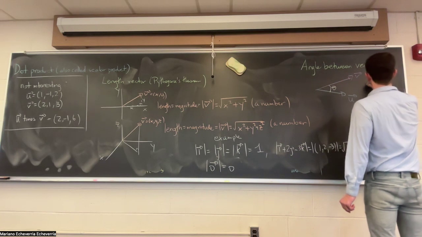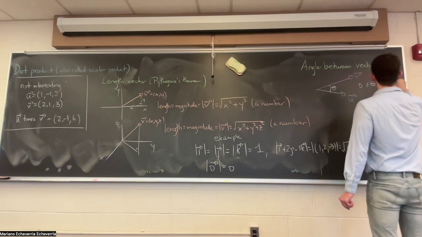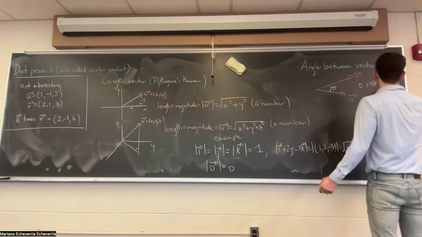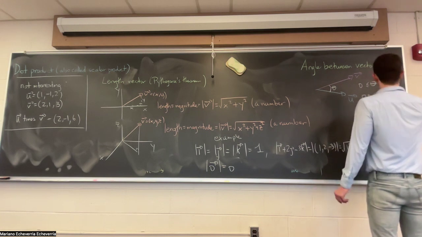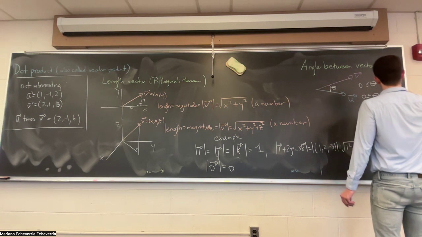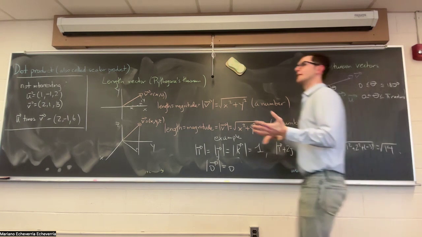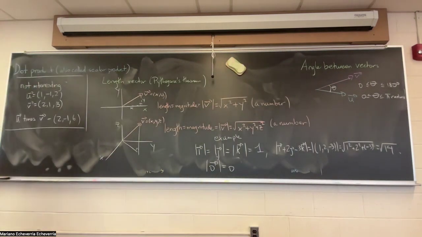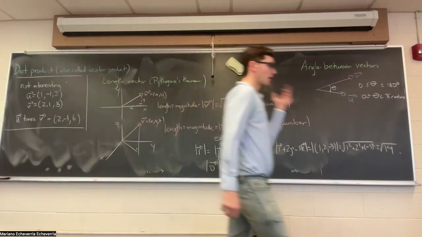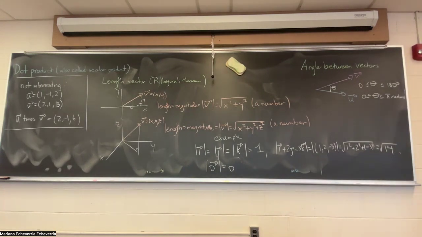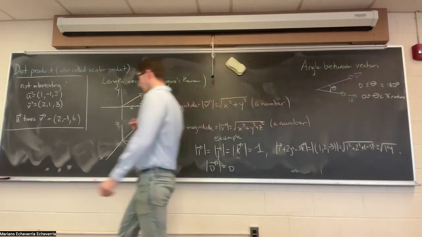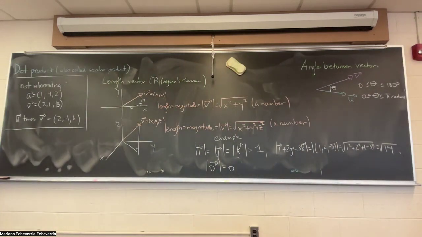The angle is going to be between 0 and 180 degrees, or between 0 and pi radians, however you prefer to call this. But visually, if you wanted to find it out, you do have to put the vectors so that they start from the same location. If that makes sense. Okay, but the convention is to take them so that it goes from 0 to 180.